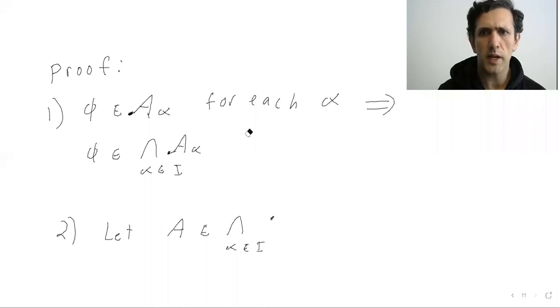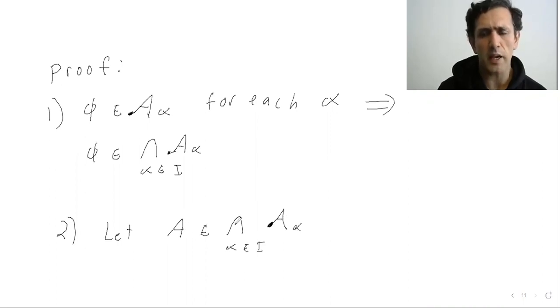Big non-script A is going to be an element, a collection of subsets of X. Big A without the script, without the cursive, is going to be a subset of X. Script A is going to be one of my sigma algebras.